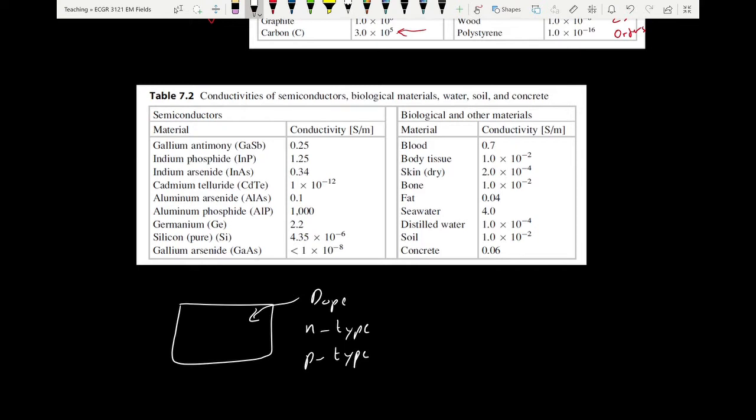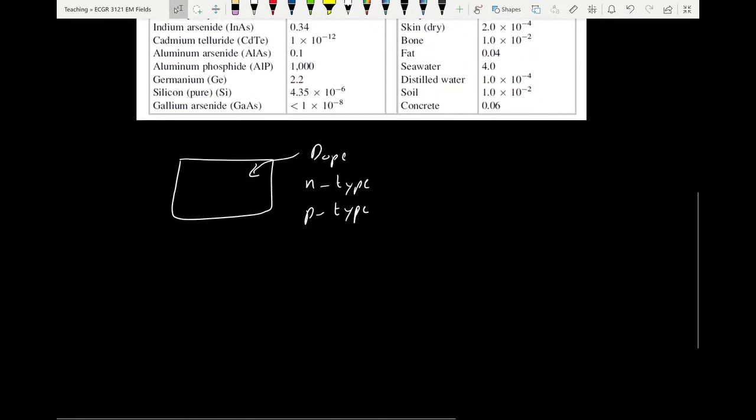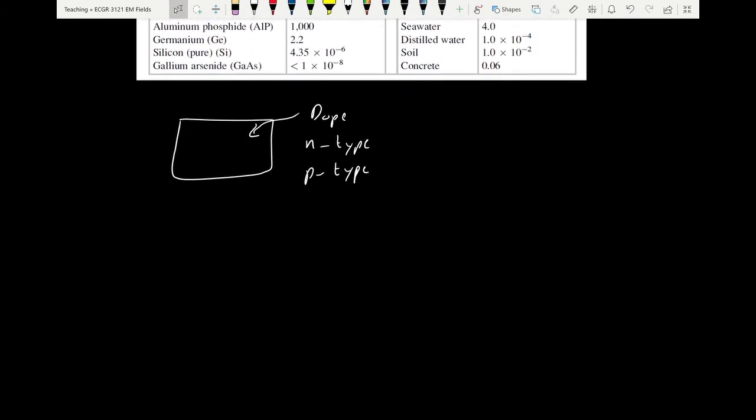Okay, so we said this is Ohm's law. Ohm's law, if you remember it from circuits, you would encounter in its lumped form, V equals IR, and I said that form is equivalent, right? So what would R be in this case?